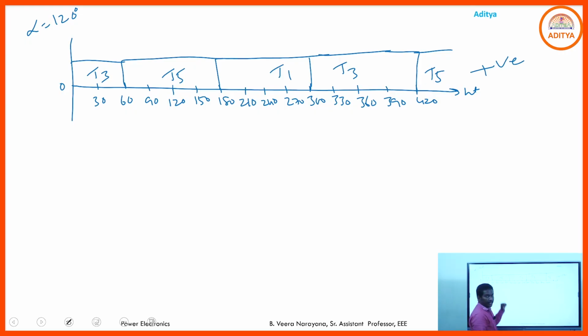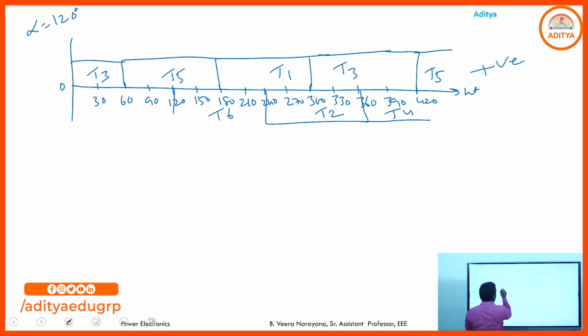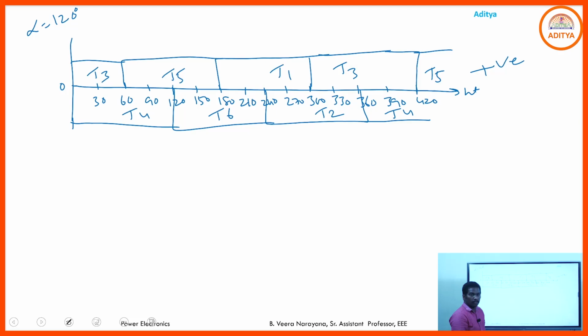If T1 is on at 180, where does T2 turn on? Plus 60, from 240 to 360. After that T4. Before T2, T6, the ending portion is 240, then the starting portion is 120, and between 0 to 120, T4. So from this timing diagram, what is the output voltage?